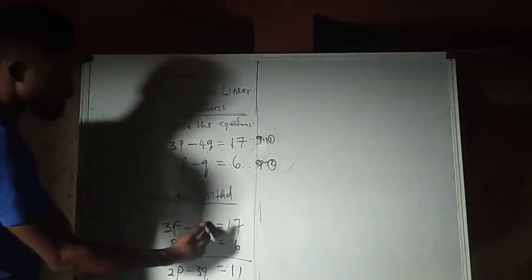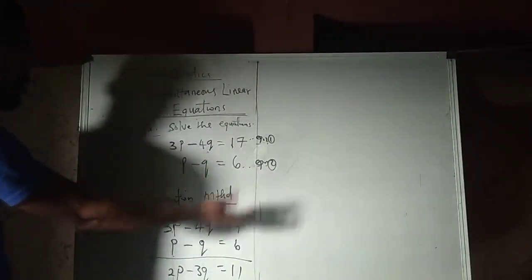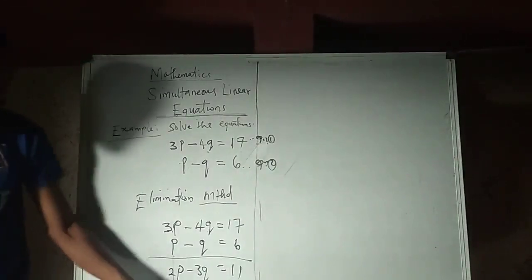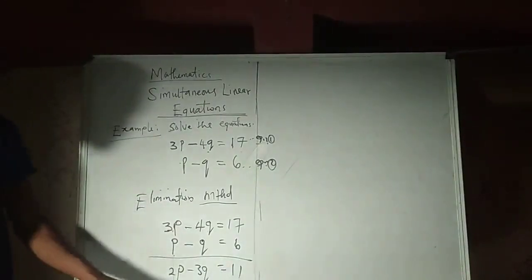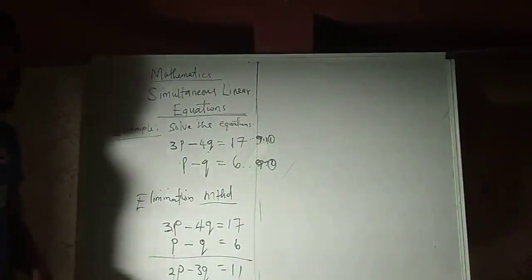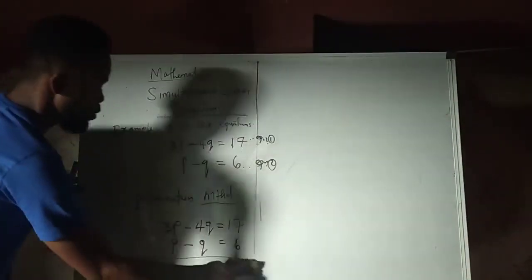So okay, I subtracted equation 2 from equation 1, but I don't have an answer. This is not working. I've not eliminated anything. So how do I now proceed in order to be able to eliminate something?